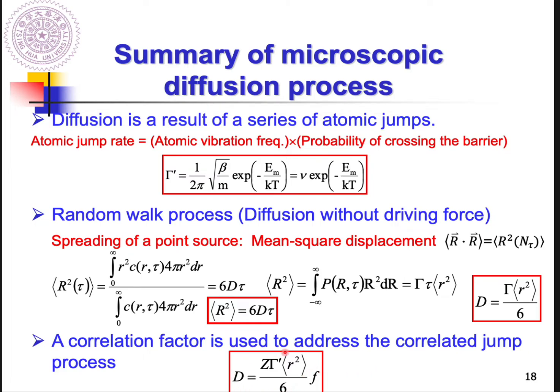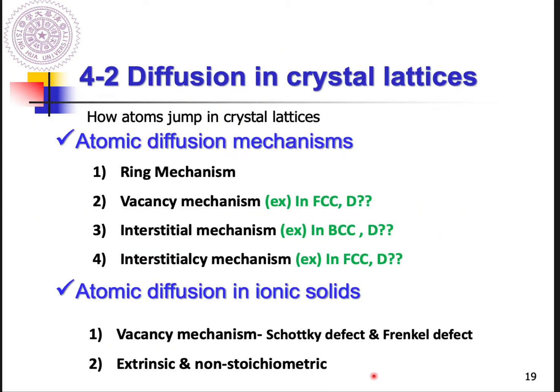Okay, in the following slides, we are going to use these results to further calculate the diffusivity in different crystal structures through different diffusion mechanisms. So let's move to section 2, diffusion in crystal lattice. How do atoms jump in a crystal lattice?